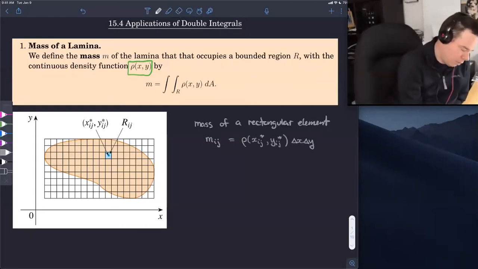And then in order to find the total mass, we sum over all the mass elements.